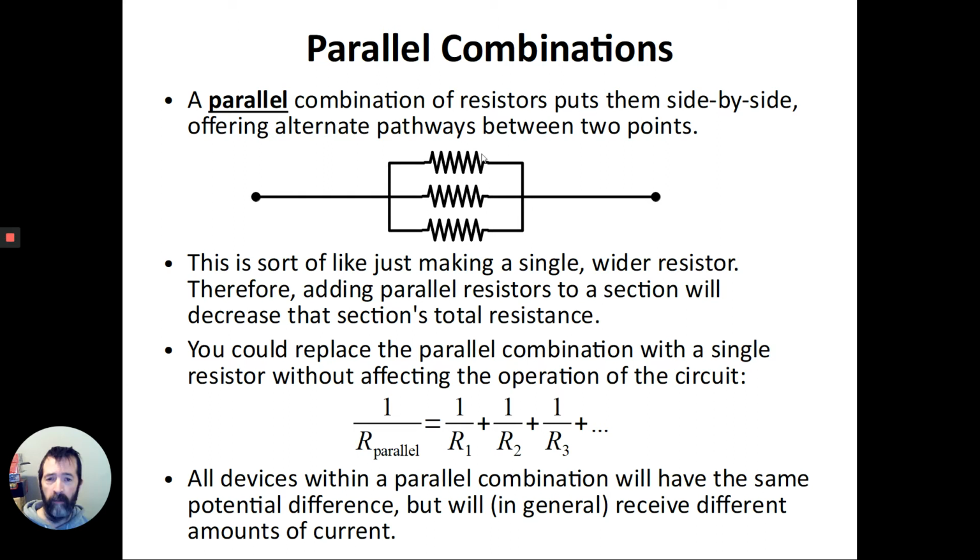If the top path is the easiest one for current to get through, because that has a low resistance, then more current is going to go that way. If the bottom is the hardest one, because it has a lot of resistance, then very little current will go that way. But again, they'll all have the same potential difference, with different currents.